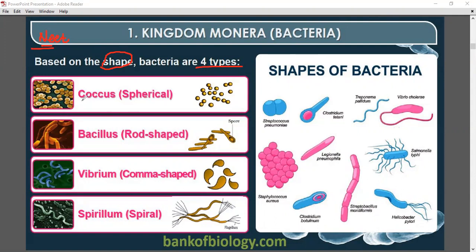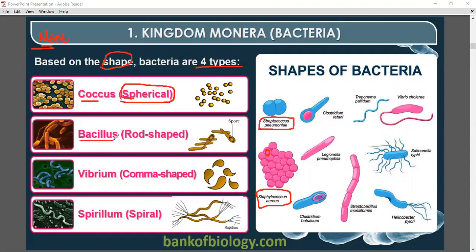First one is coccus, or spherical shaped bacteria. If they occur like a bunch of grapes, you call it staphylococcus. If they occur like a chain, you call it streptococcus.